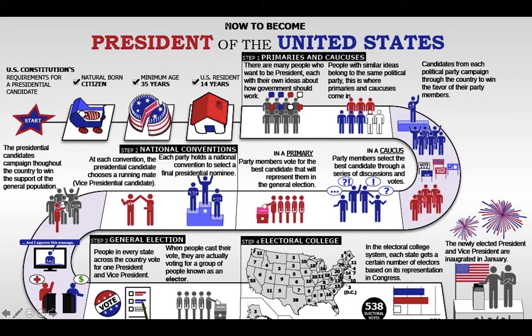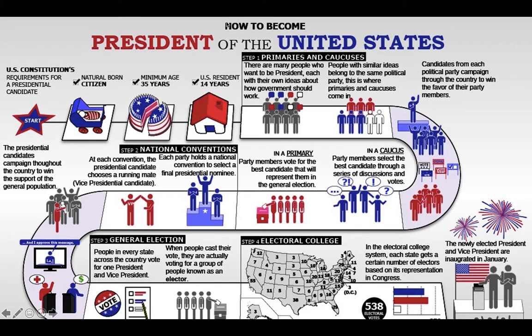And when people are casting the vote, you're not really casting your vote for the person. You're casting it for an elector who represents you, because we don't use the popular vote to determine the presidency. We use the Electoral College because that's how it was established in the United States Constitution.